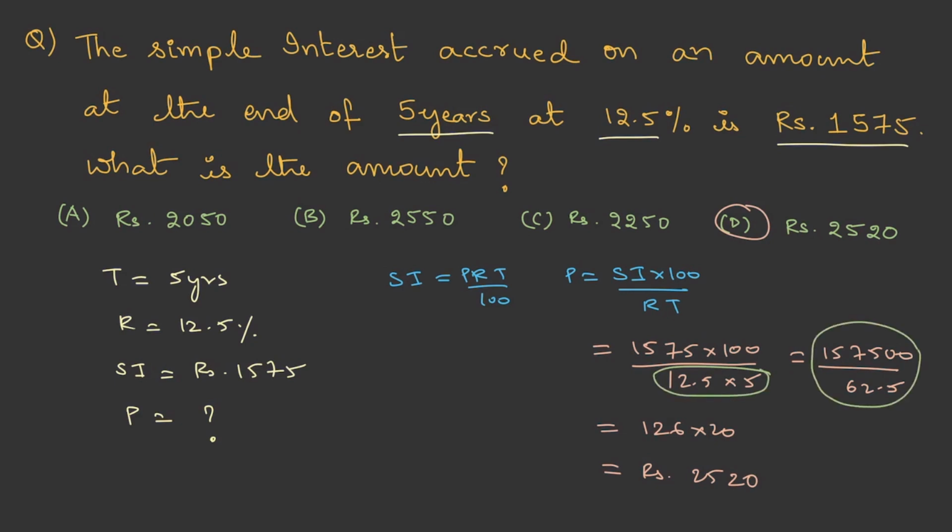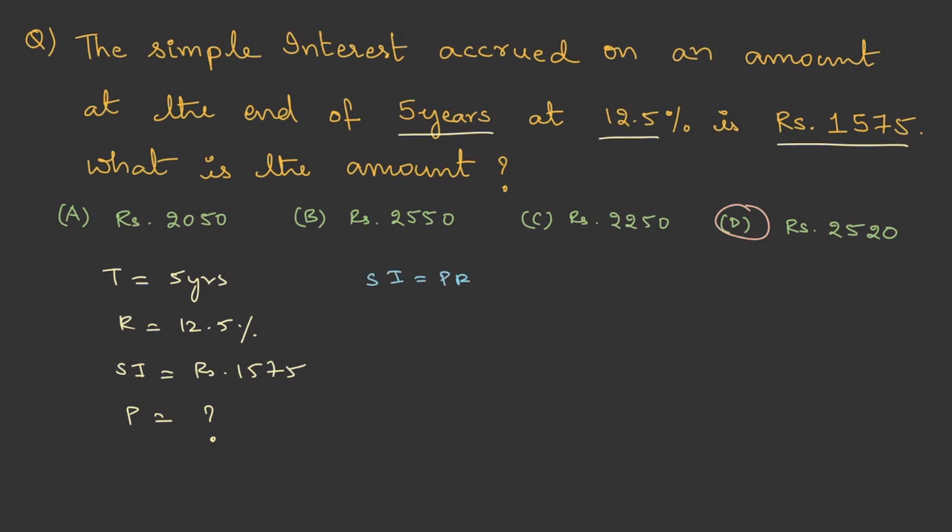Now if you carefully observe, there is a denominator with a decimal, and doing this calculation would be hectic. So here we can use a little shortcut. Simple interest is PRT by 100. Just focus on this R by 100. R by 100 is 12.5 by 100, which if you solve is 1 by 8.